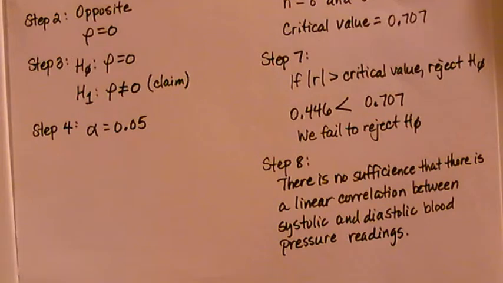Now, when there is no sufficient evidence of that linear correlation, what that means is this. We have to use y bar as our best predicted value. Okay?